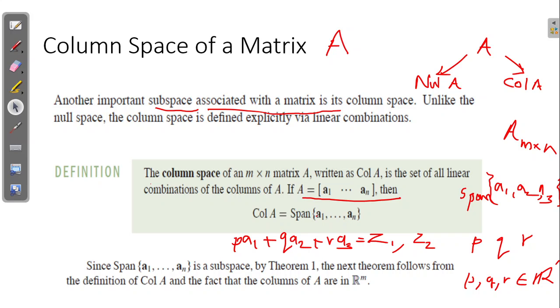Since the span of a1, a2, ..., an is a subspace by theorem 1, the next theorem follows from the definition of col A and the fact that the columns of A are in Rm, vectors having dimension m.